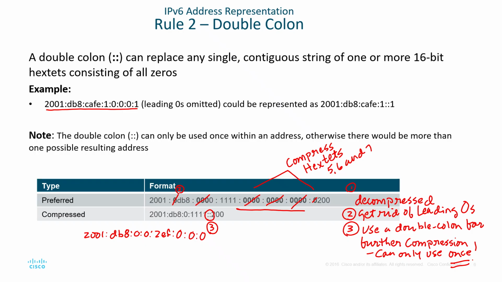Okay, if I were to put a double colon in the first series, that would be one option, or I could do it in the second series. That is another option. So what you want to decide is how many of those hextets can you compress? So for this example, my best bet would be compressing the last.